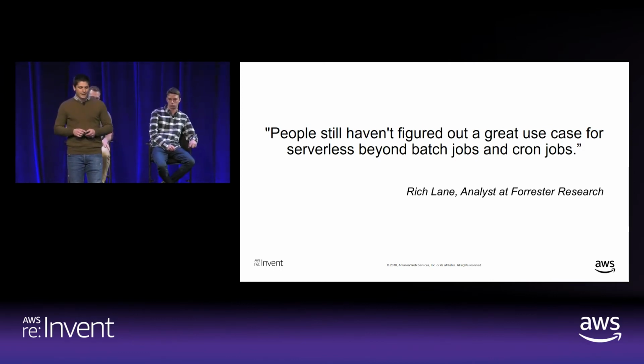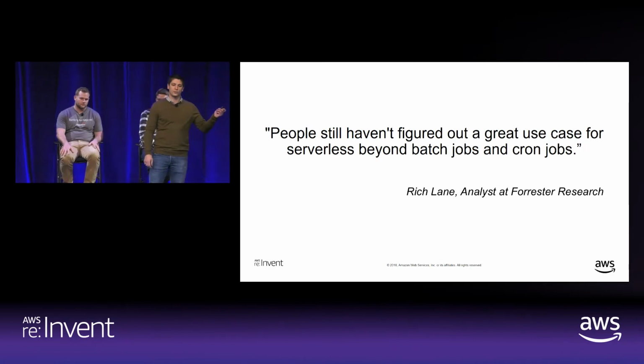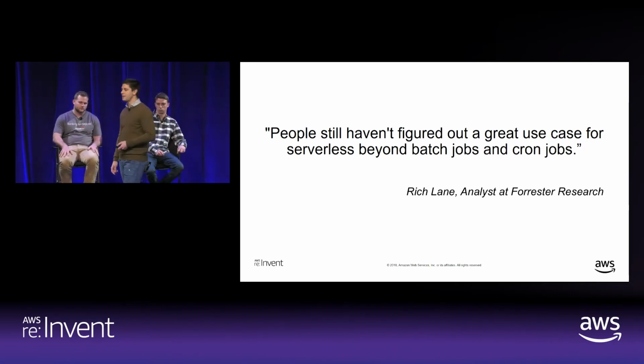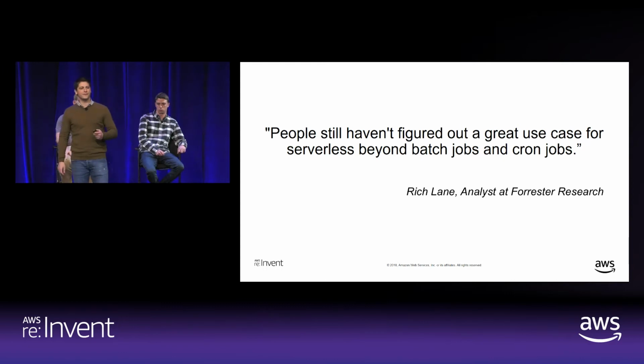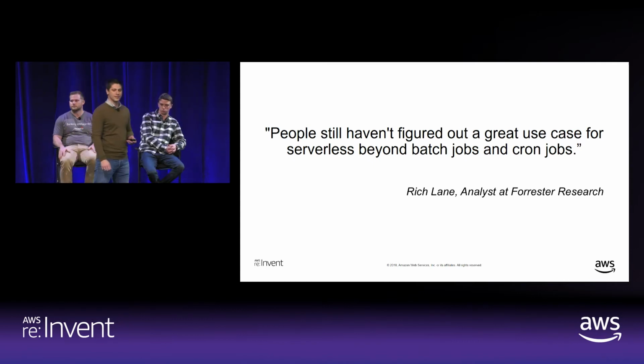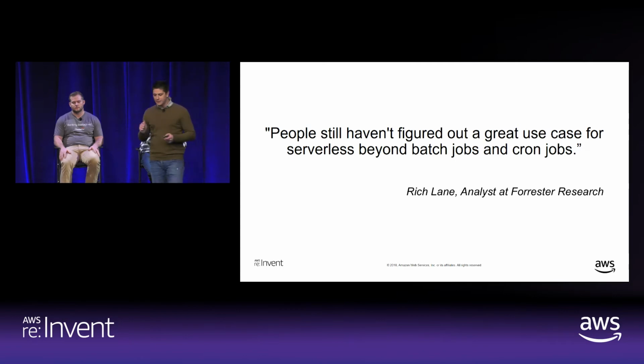So I would say that might have been true when Lambda was released in 14. But I think we have figured out a lot of use cases for serverless. A lot. I mean, much more than analysts think, I guess. But I think that's not the challenge.